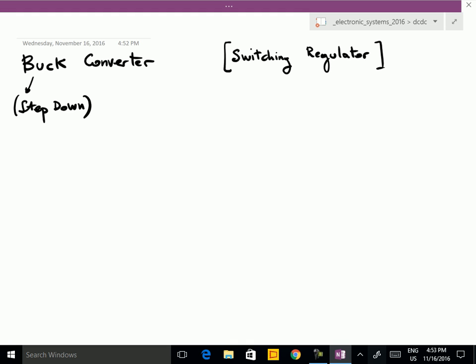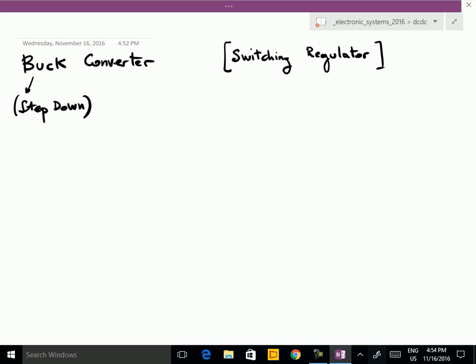And switching regulators are, let me digress a bit. Switching regulators are characterized by the fact that they have a much higher power efficiency with respect to linear regulators. And the way in which they reach this power efficiency is to have a circuit consisting only of reactive elements and switches. Okay?